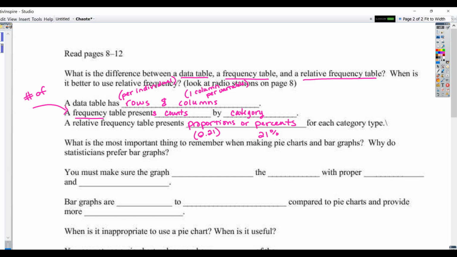So I do want to look at page 8 in the textbook, just to show you this. If you want to open up your textbook in another window, that might be a great idea. And I'm going to put this up here for us real quick.